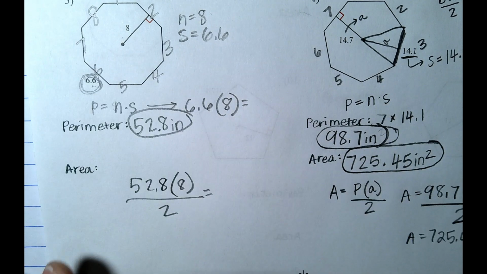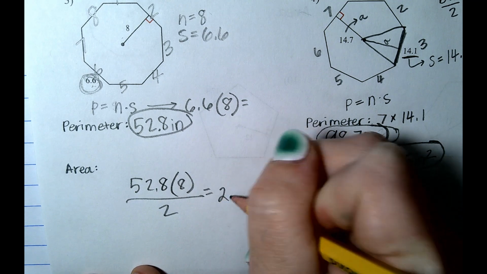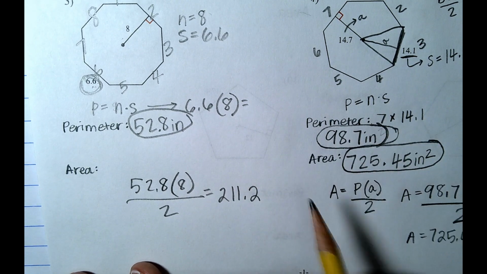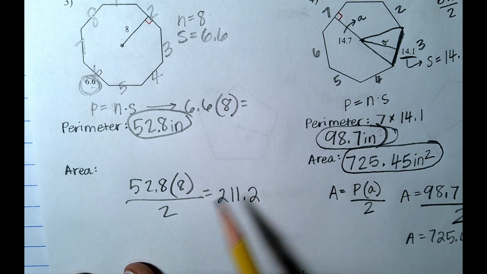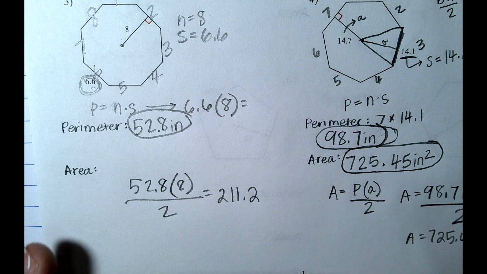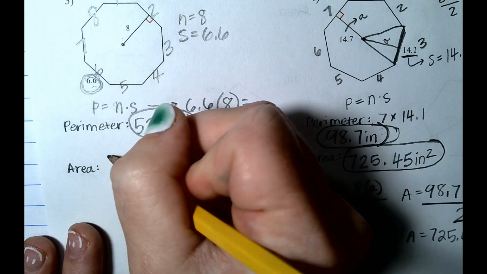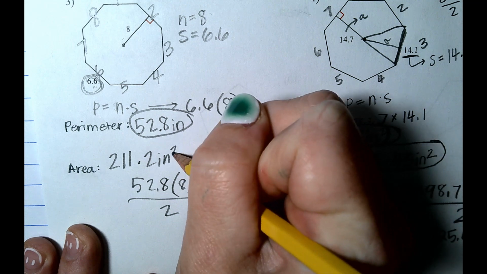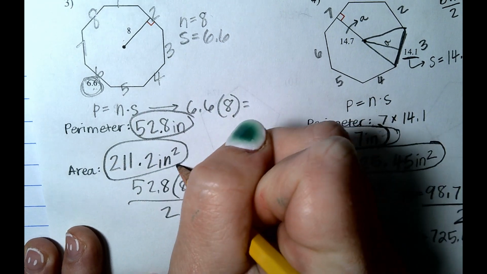And what do we get? 211.2 inches squared. Did anybody get something different than that? 211.2 inches squared? Okay, I'm going to write that in then. 211.2 inches squared. Very good.